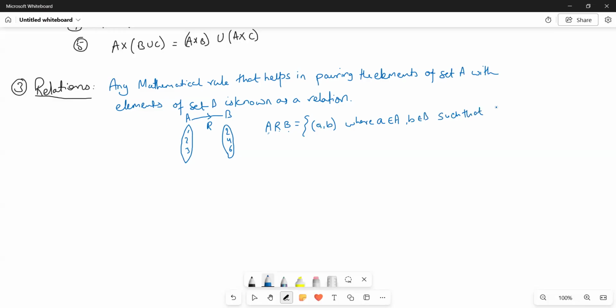let's suppose twice of a is greater than b. So this is the relation, the mathematical rule.